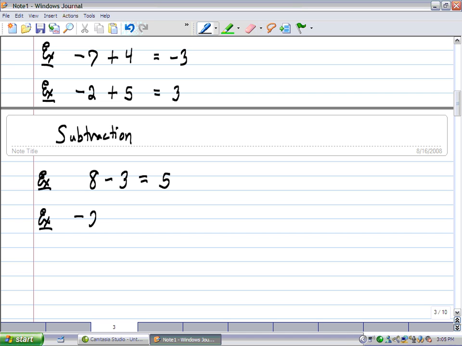If I have -2 minus 3, I don't have to think about it exactly, but you could think of there as being an invisible plus sign in here. So that's really the same as -2 plus -3. So you still think of it as going down 2 and then going down 3 more. So where are you? Down at -5.